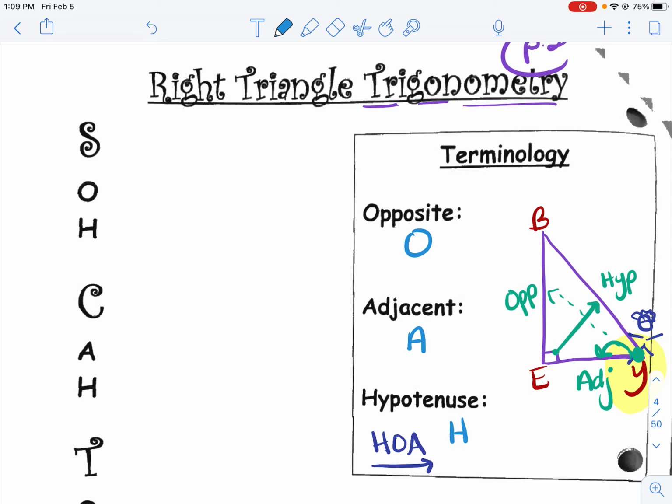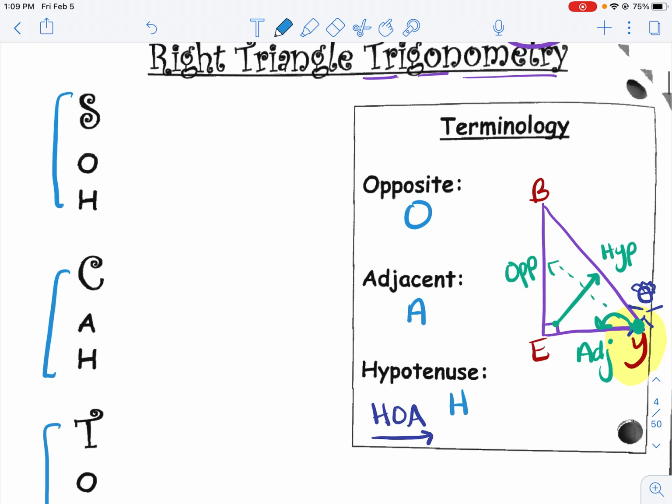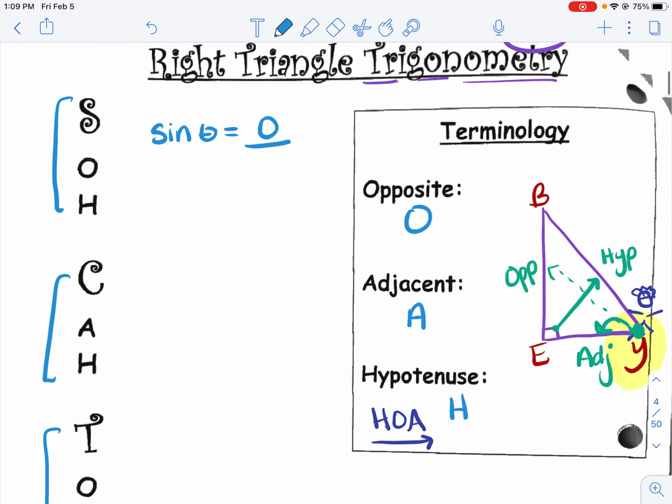Now, we are now going to look at one of the best and sneakiest tricks ever in the history of mathematics. It is called SOHCAHTOA. Okay? What is SOHCAHTOA? SOH: the sine of an angle is equal to the ratio of the opposite side over the hypotenuse.